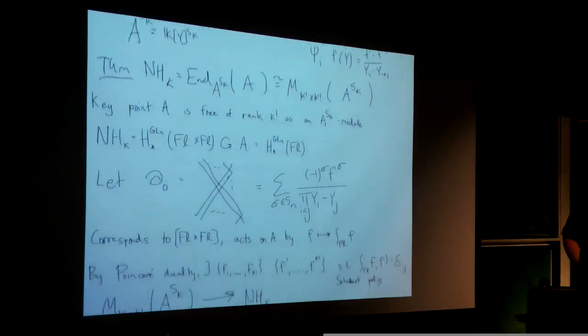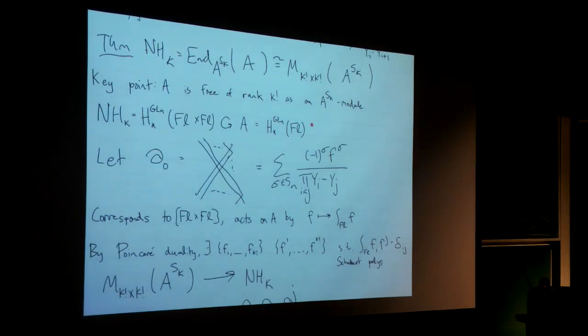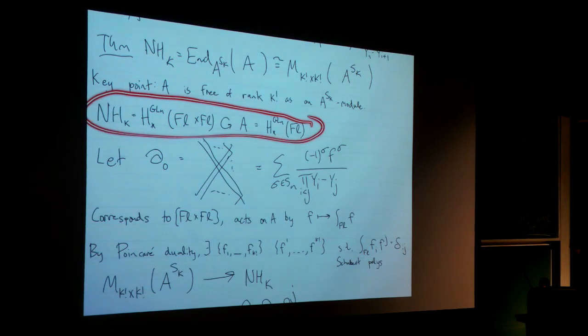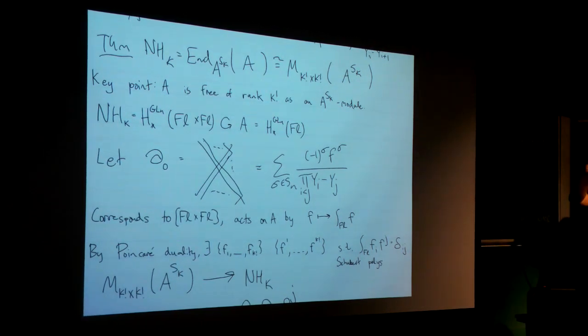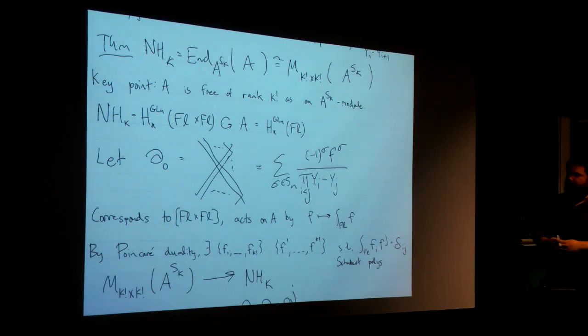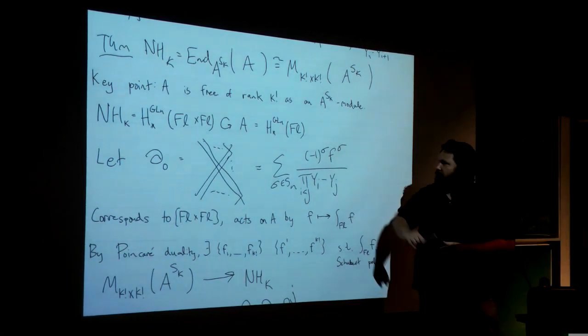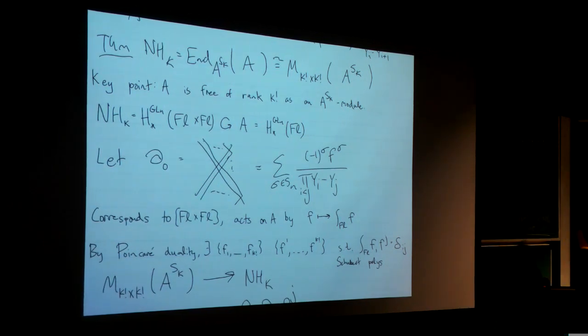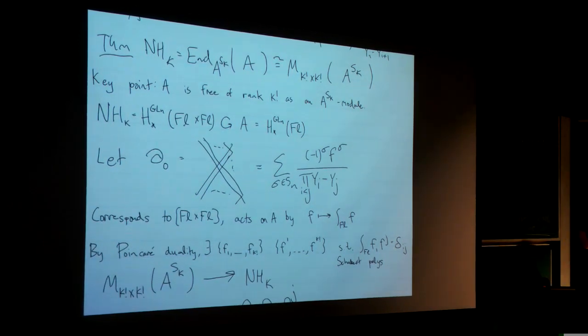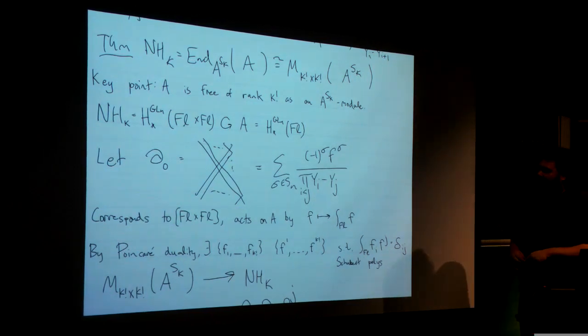One way I like to think about this, because I like to put everything in geometric terms, is that NH is the equivariant cohomology of the full flag variety times the full flag variety. And that acts on the equivariant cohomology of one copy of the flag variety, by Ginzburg and Chriss, using convolution. And that's this action above.